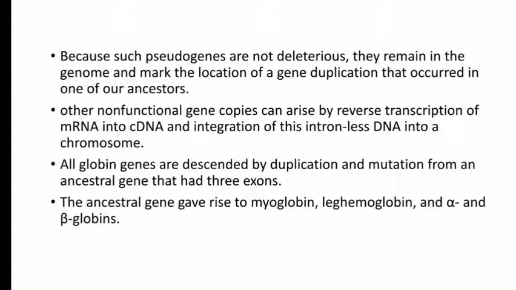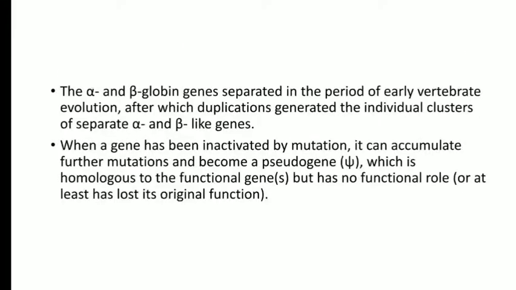Other non-functional genes arise by reverse transcription of mRNA into cDNA and integration of this intron-less DNA into a chromosome. All globin genes are descended by duplication and mutation from an ancestral gene which has 3 exons. The ancestral gene gave rise to myoglobin, leghemoglobin and alpha and beta globins.